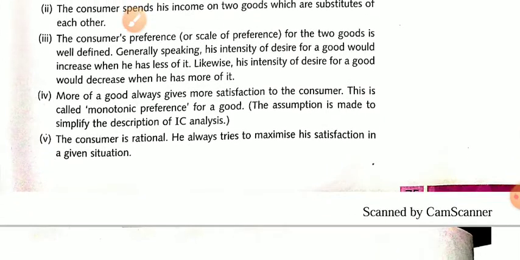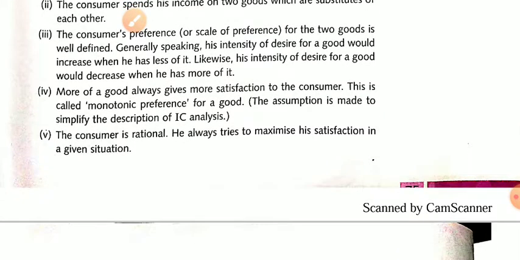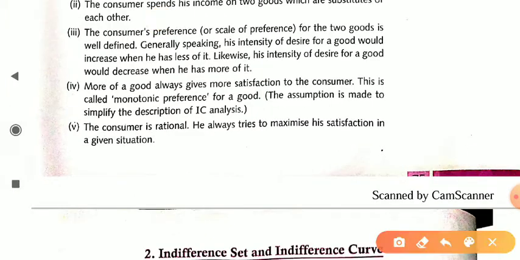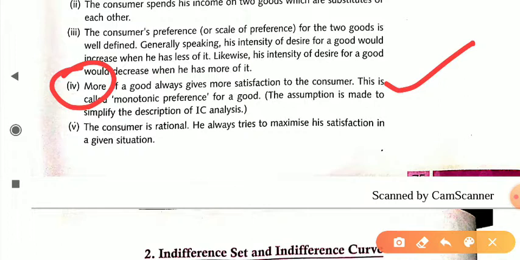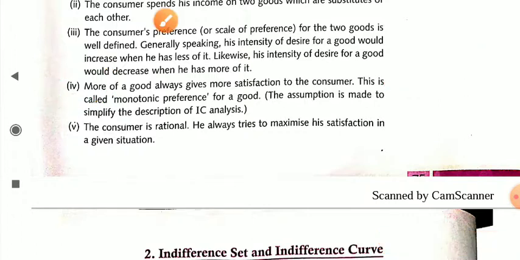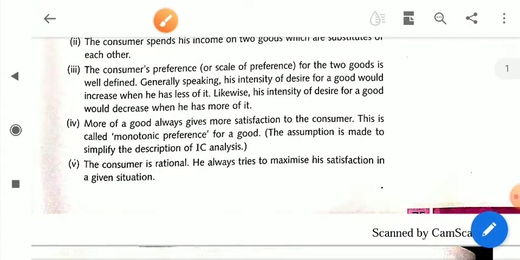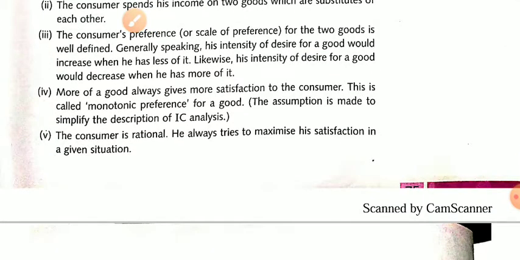Next, more of a good always gives more satisfaction to the consumer. This is called monotonic preference. Dear student, this is an important point which you have to keep in mind, as it will help in our future sessions. When you consume more of a good, it gives you more satisfaction. This is simply known as monotonic preferences.